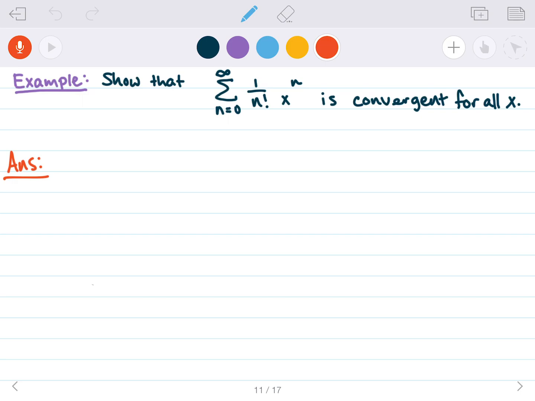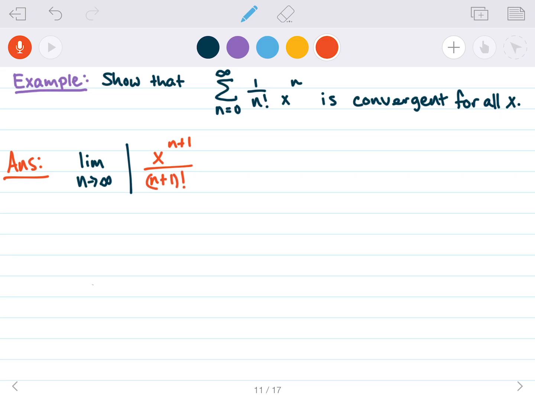And our ratio test says we're going to take the limit as n goes to infinity of the absolute value of, well, first I'm going to plug in n plus 1 anywhere I see an n. That's going to be my numerator. So my numerator is going to be x to the n plus 1 over n plus 1 factorial.